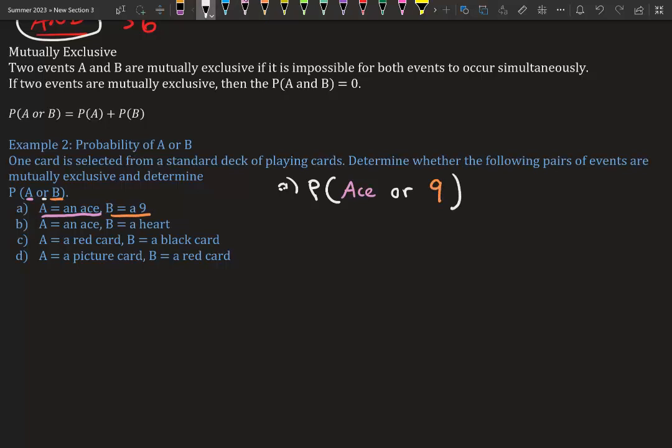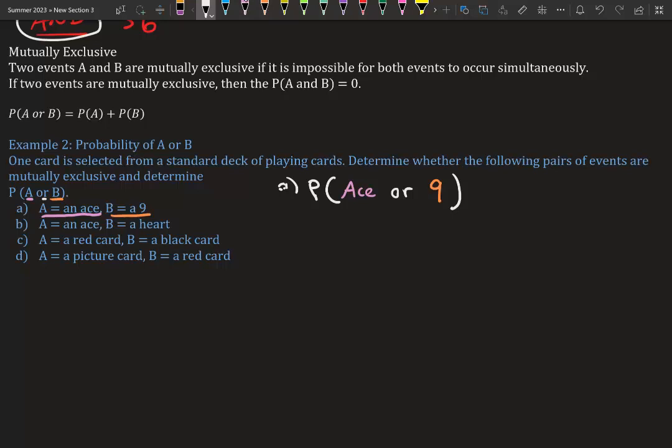Now look up your formula sheet or go back to early parts of chapter 11 to look at your deck of cards. There is no part of your deck of cards that's an ace and a 9. You will always get either an ace card or a 9 card. Always. Those never are on the same card.